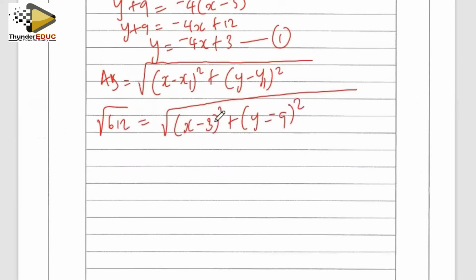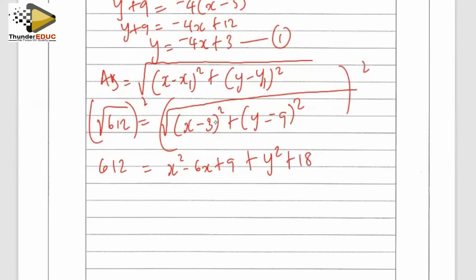Now, since we have root signs on either side, I can square both sides. Okay, so I have 612 is equal to, that's going to be X squared, I'm opening the brackets, 6X plus 9. That's going to be Y squared. Remember, this is now a plus. So plus 18Y, and then plus 81. But remember our Y, if this is equation number 2, let's substitute this Y into this equation.